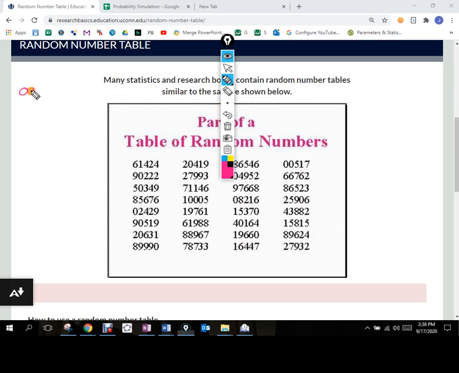So maybe Lucas is 01, maybe Jenna is 02, and we keep going, because my population is a 2-digit number, so everything below that has to be a 2-digit number. If there are single-digit numbers, you put the 0 in front of it.